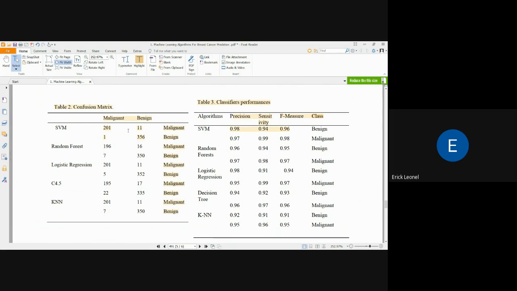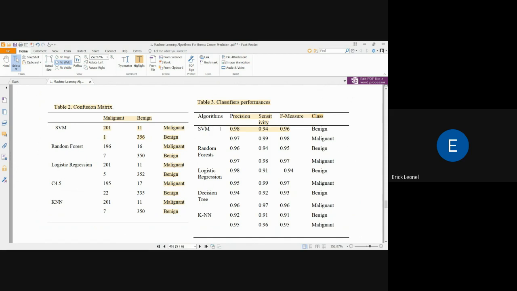Table 2 confusion matrix shows that the support vector machine predicts correctly 556 cases out of 569 cases, constituted of 201 malign cases that are actually malign, 356 benign cases that are actually benign, and 11 cases incorrectly predicted, including 11 cases of malign class predicted as a benign, and one case of benign class predicted as a malign.